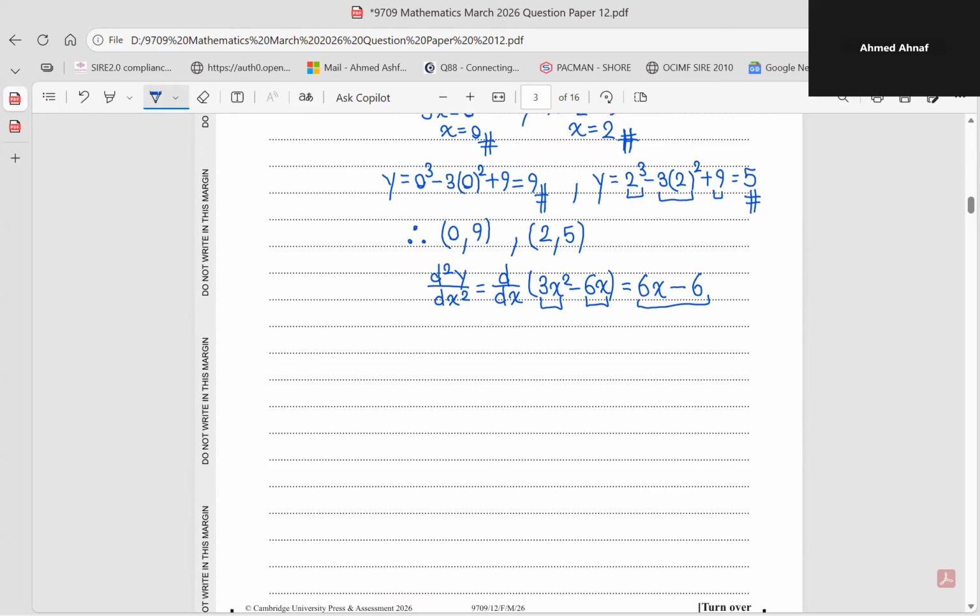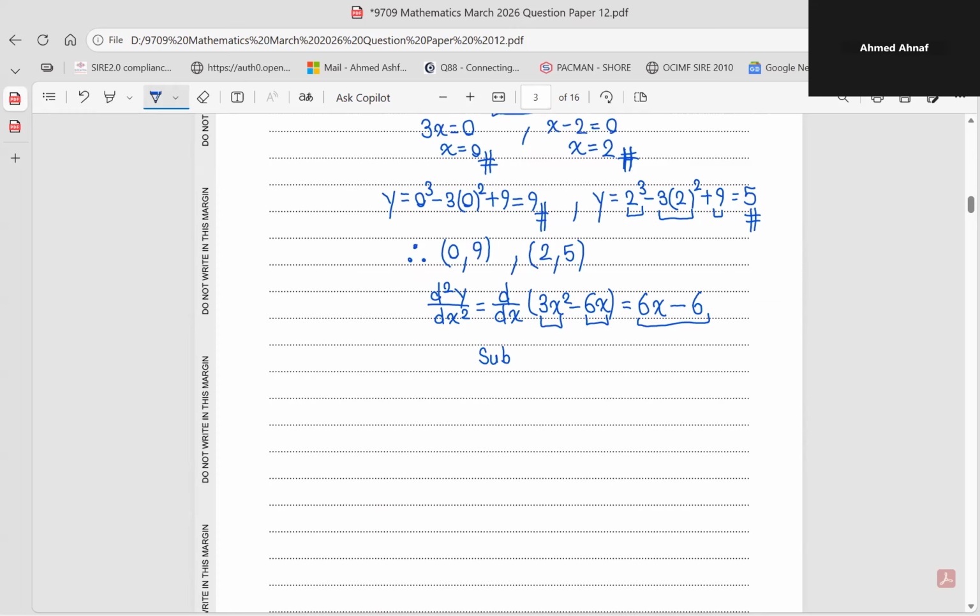Now we're just going to substitute the x coordinate of the stationary point. Let's substitute x equals 0 first. So d squared y over dx squared is 6x minus 6, so 6 times 0 minus 6, you get minus 6.